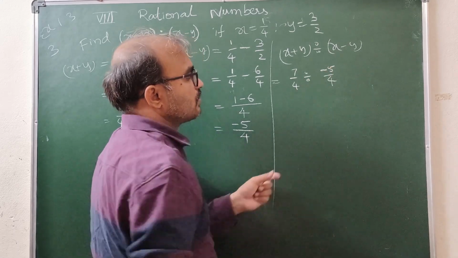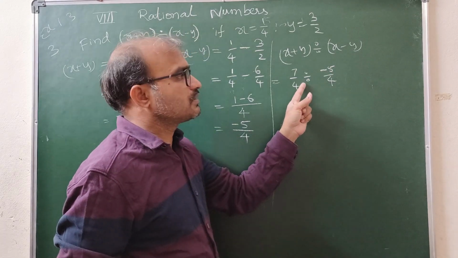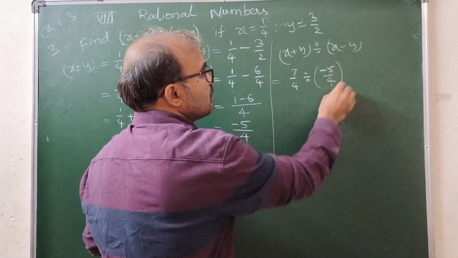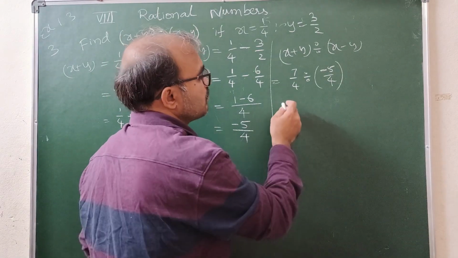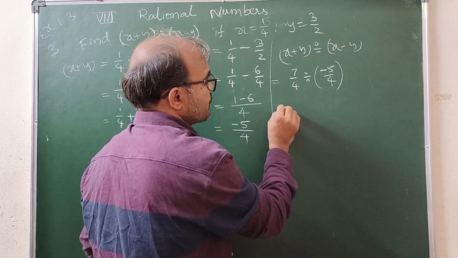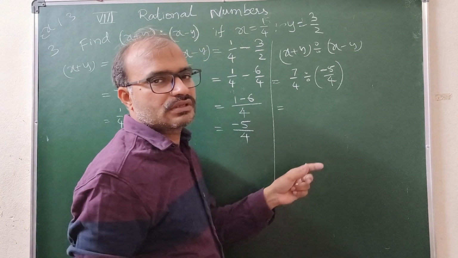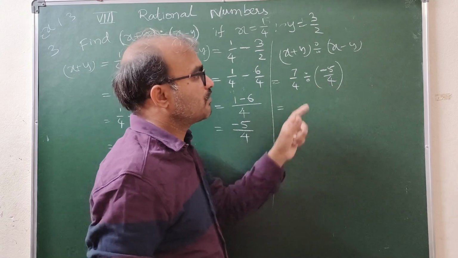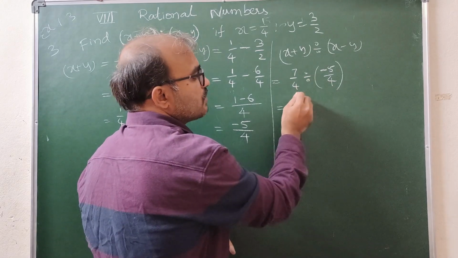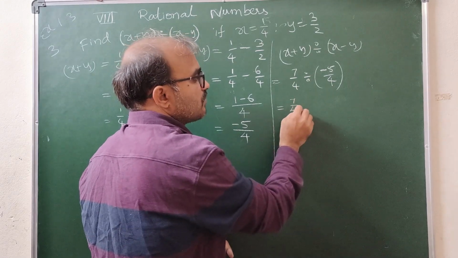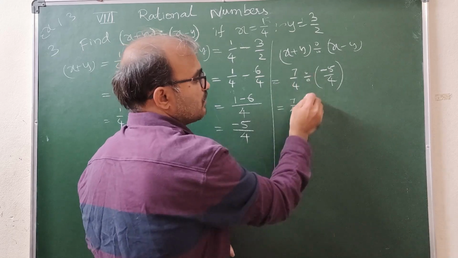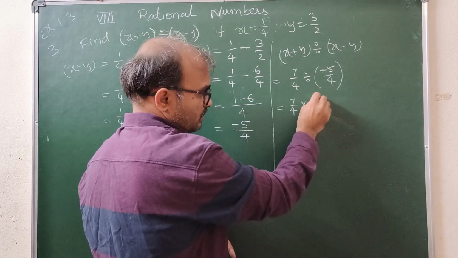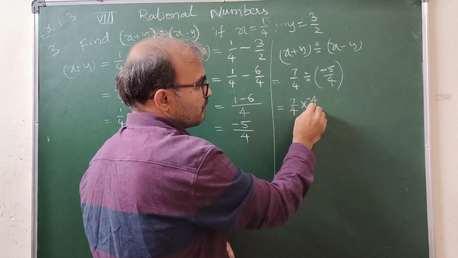Whenever after one operation there is a negative number, better you mention that in brackets. Now, as we learnt just now, dividing by a fraction is the same as multiplying by its reciprocal. You should not change the first number, whatever it might be. 7 by 4, this division make into multiplication, and minus 5 by 4 write as minus 4 by 5.